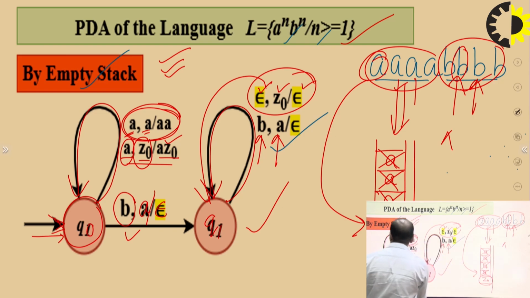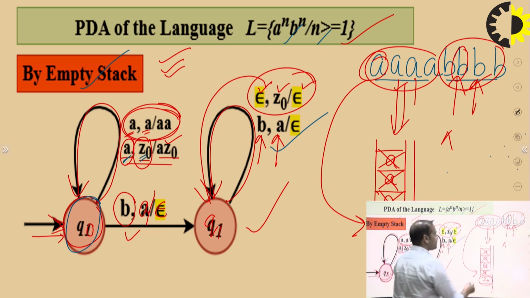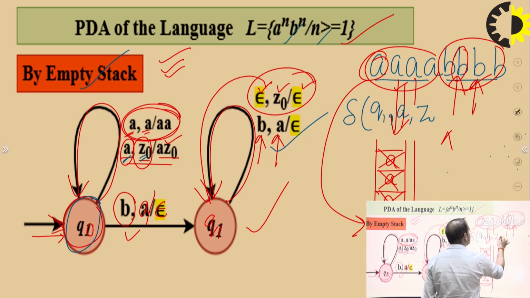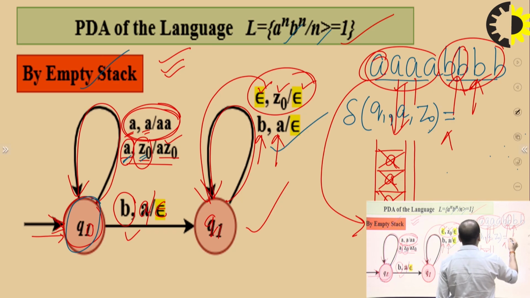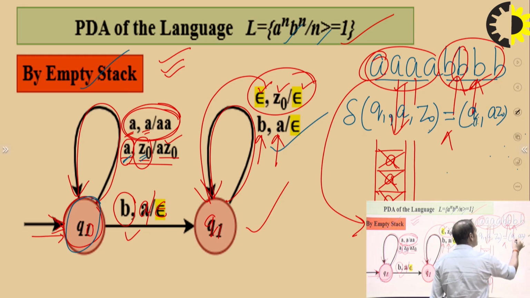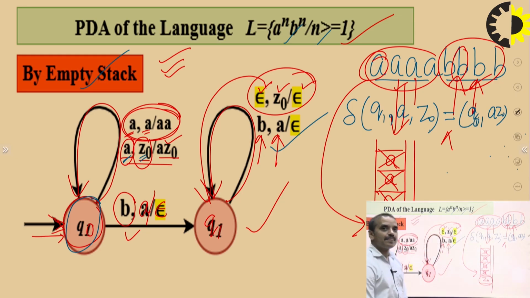Here the state is Q0, input A, top of the stack Z0. We have to write delta of state Q1, input A, top of the stack Z0, equal to state Q1 comma A Z0. This means we have to push A inside the stack.